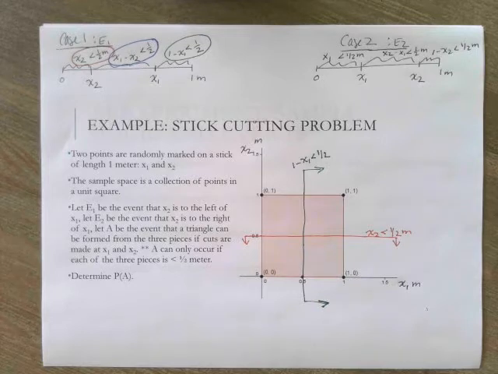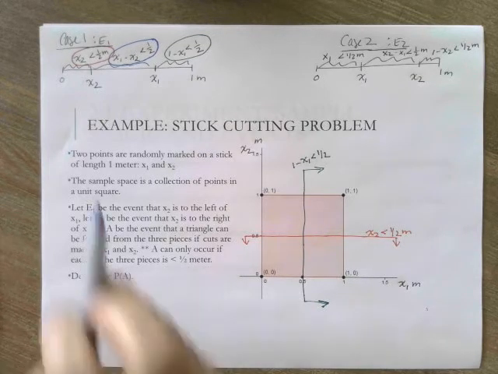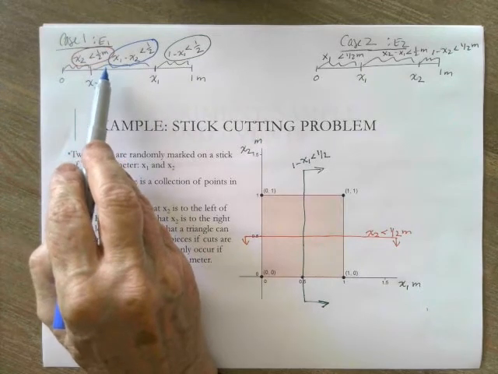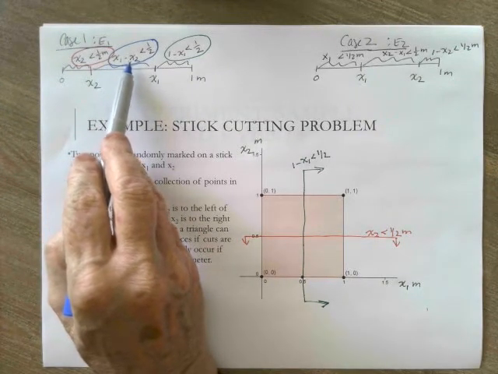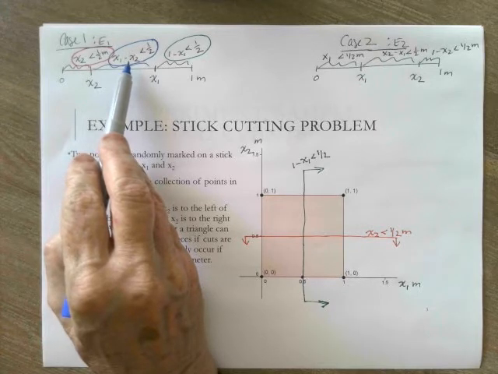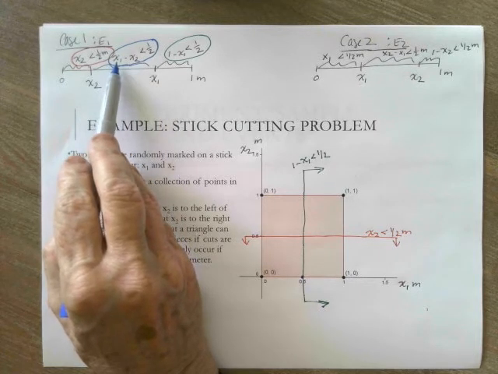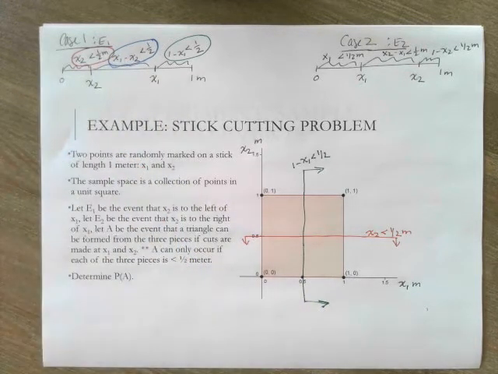And then for this middle piece, if I set x2 equal to 0, then x1 would be at a half, and if I set x1 equal to 1, then x2 would be at a half.